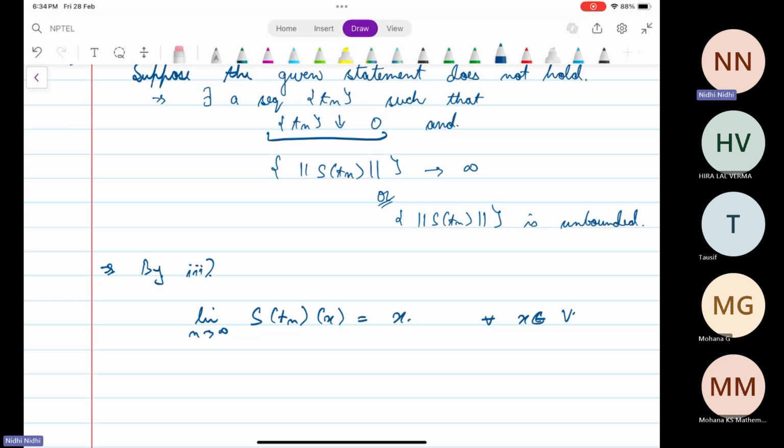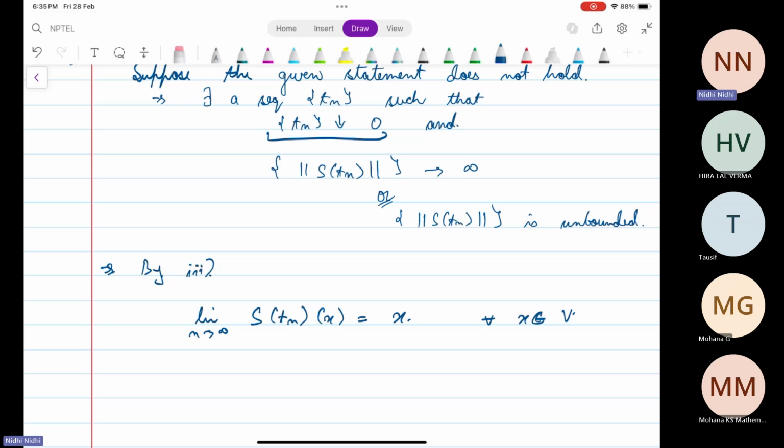If you remember, we did a very big theorem that lets us convert this pointwise convergence to norm boundedness.